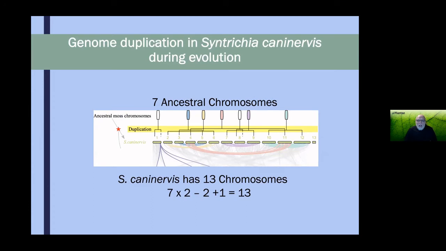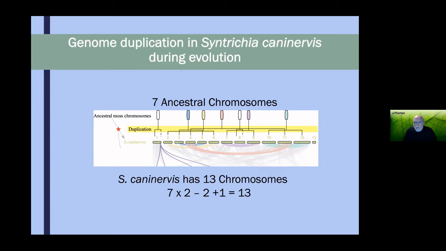So if we look at which different parts of the genome share collinearity with one another, and we compare that to what has been posted as the 7 ancestral chromosomes, which comes out of a group in Germany, it's clear that the Syntrichia caninervis genome has undergone one genome-wide duplication event.